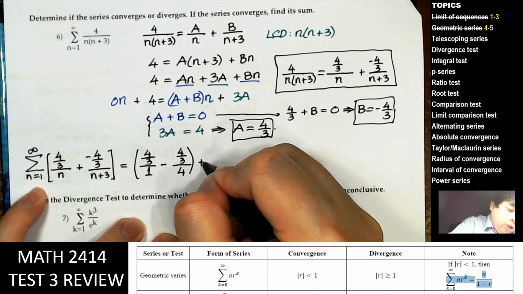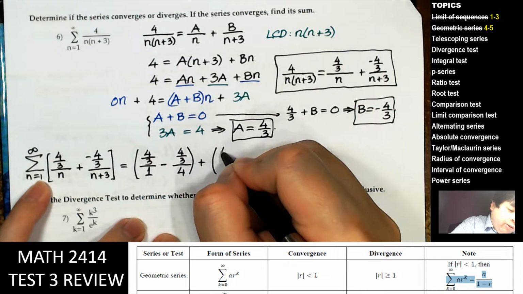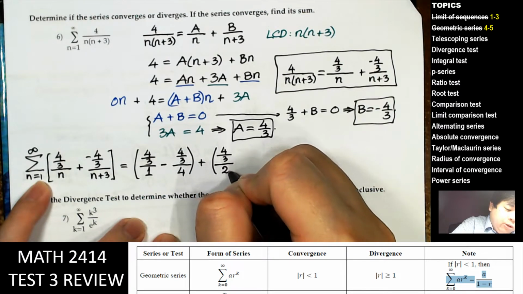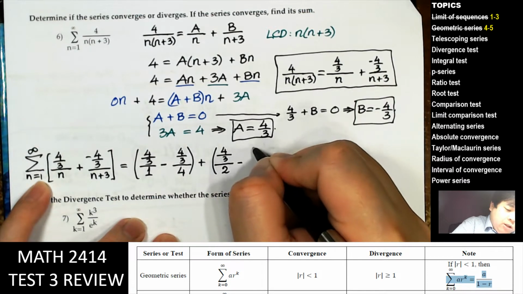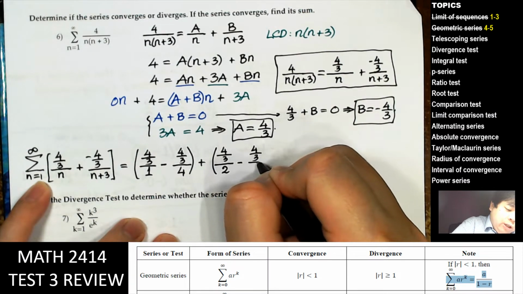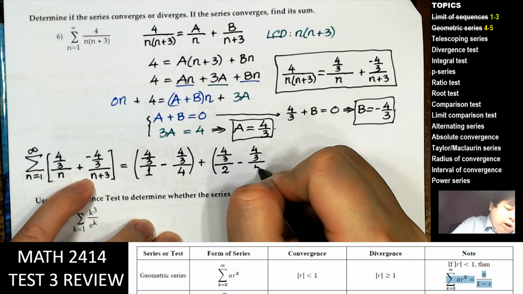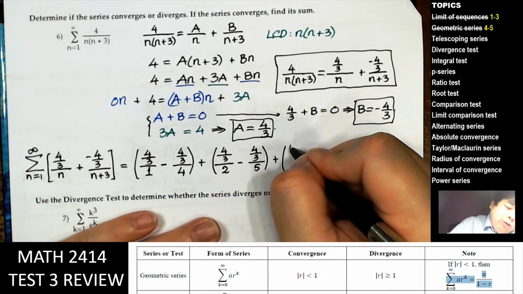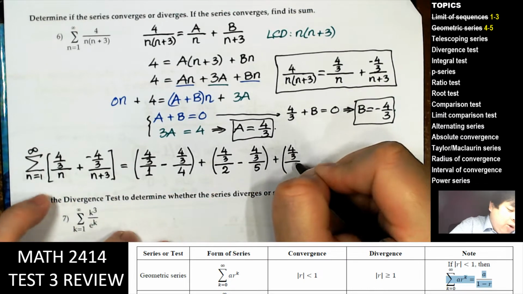Now when n equals 2, we're going to have 4 over 3 over 2 minus 4 over 3, 2 plus 3 will be 5. There will be more. 4 over 3. Now n equals 3.